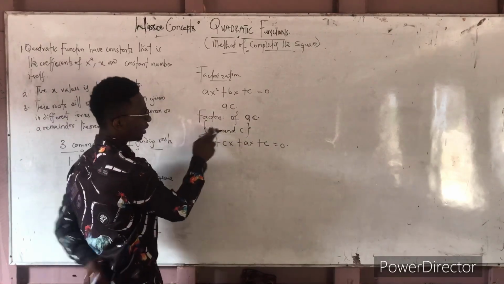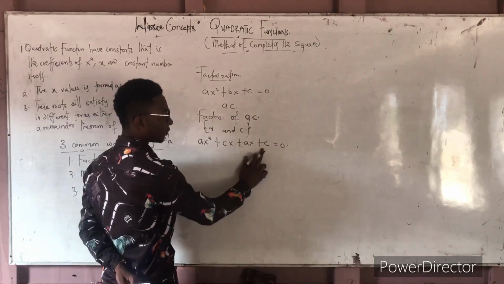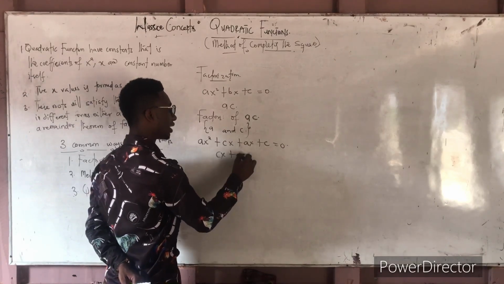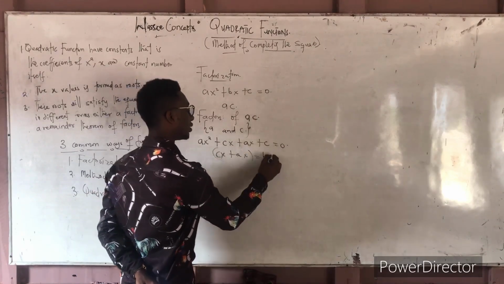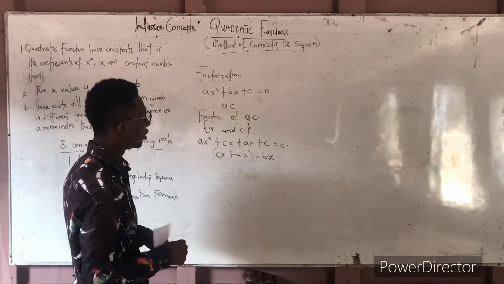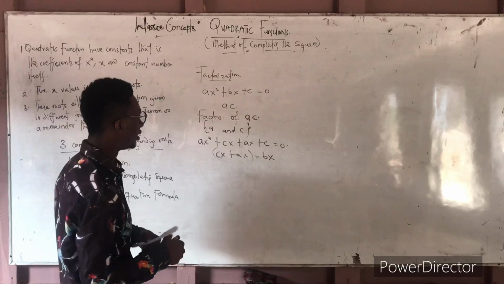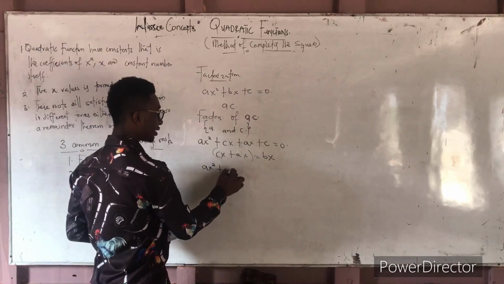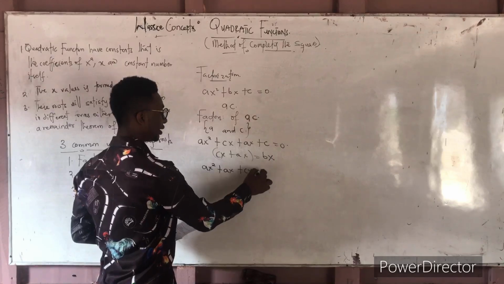We expand the equation like this, so the mx plus the nx should be equal to the bx. And when you do this, you have ax squared plus mx plus nx plus c equal to 0.